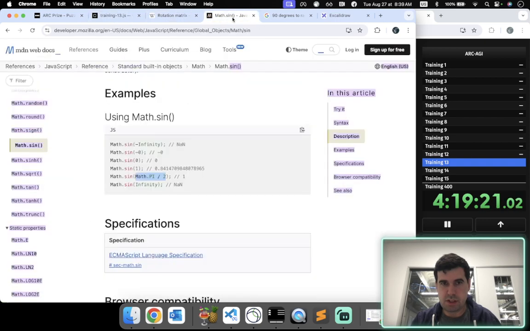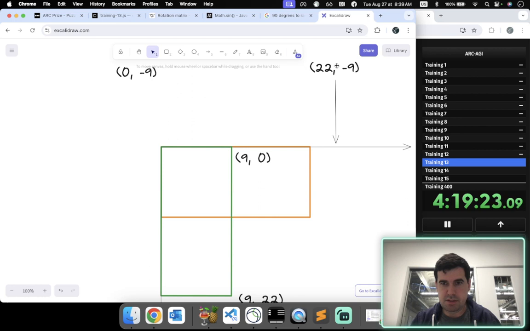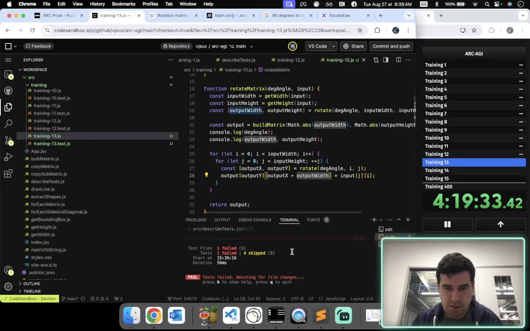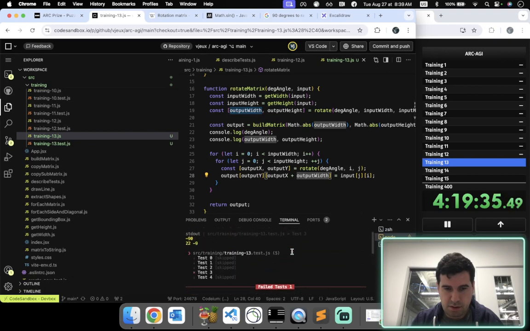So which one is the minus 9? The minus 9 is the output width, I guess. No, output height.